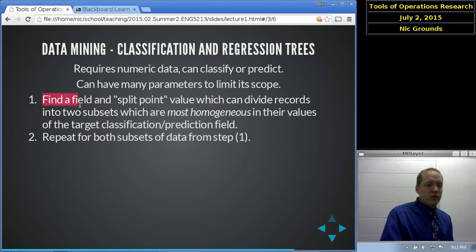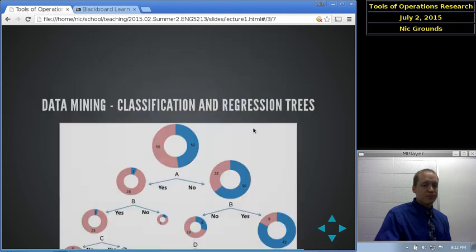So the algorithm's going to split all records based on some field and split point value, and just keep doing that until it's either found homogeneous subsets or it's split the subsets into so small a section, say 10% of all records, that it's determined it's probably best not to split anymore because it's too specific at that point.